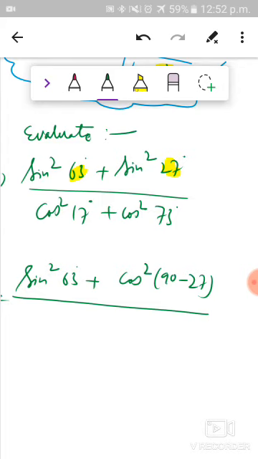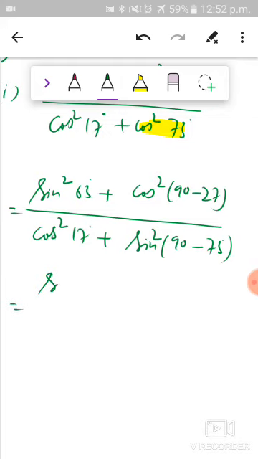Same like this, in the denominator I am going to change cos square 73 into sine. So that is cos square 17 degree plus, cos theta is sine of 90 minus theta, which is 73 degree, and square.